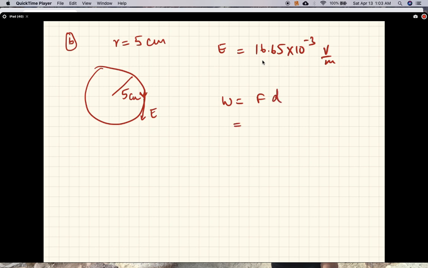The distance traveled is the circumference of the circle, force is q times E, and 2 pi r is the distance.